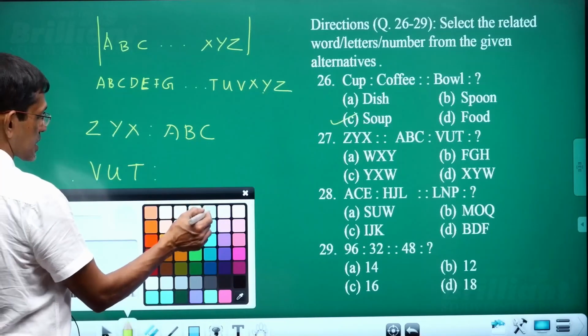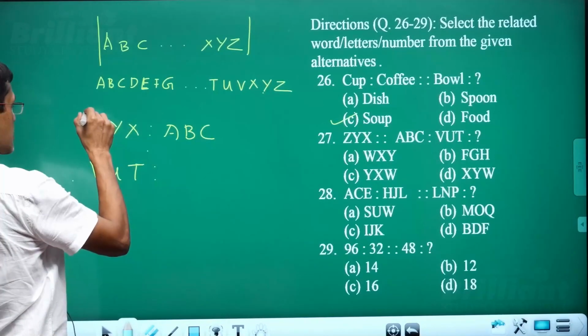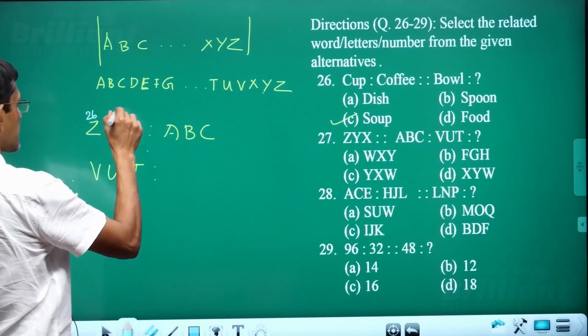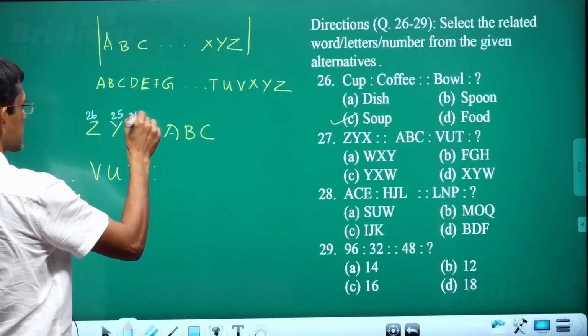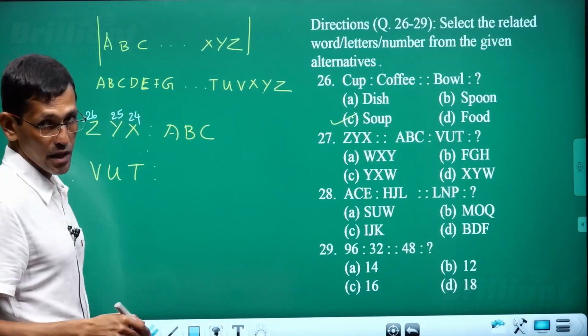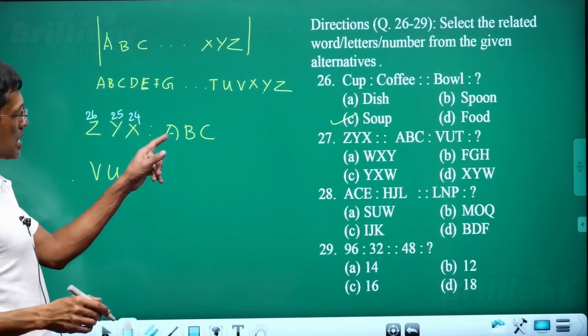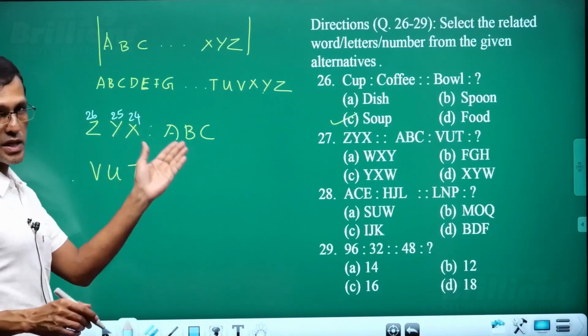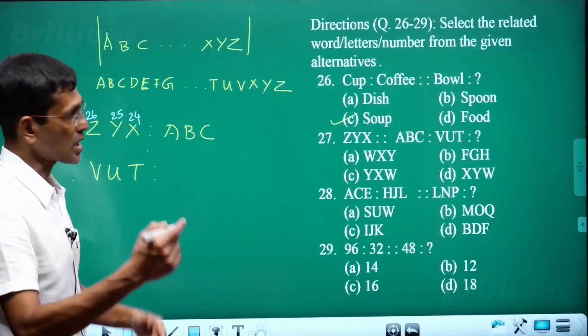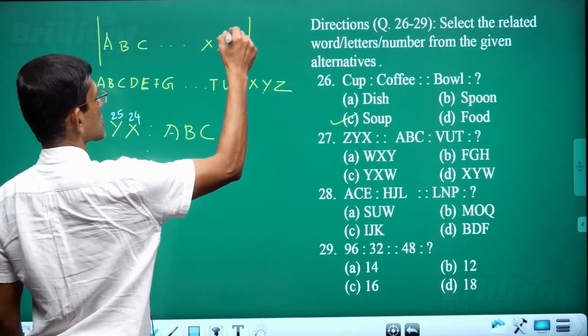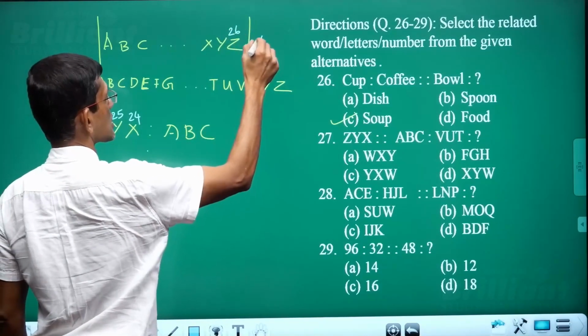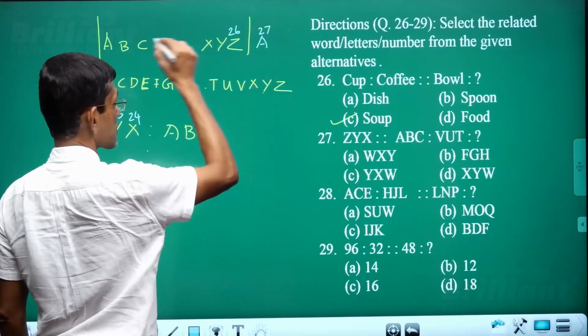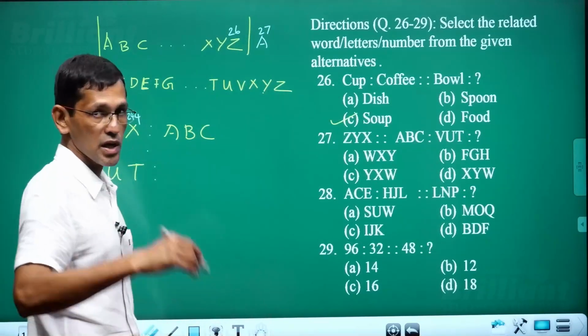Look at the position values of these letters. This is 26, this is 25, this is 24. And how about A? A can be taken as 1. We have taken that A as 1, and we did not get the answer. Next possibility, in the second loop, after this 26, A would be 27. So this is the first loop, this is the second loop. So A could be 27.